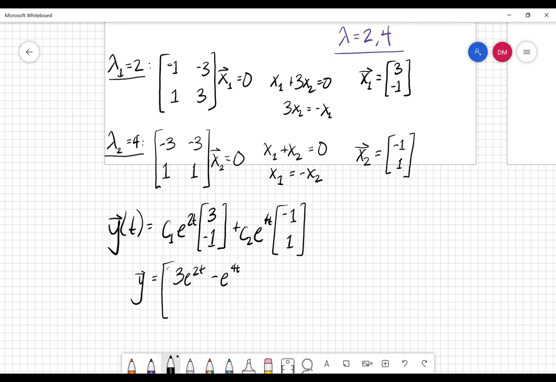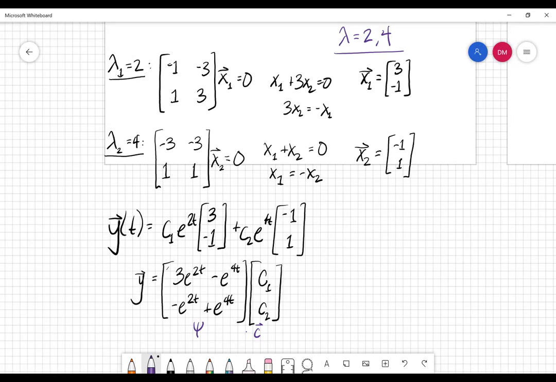Here, if I do my multiplication, I have negative e to the 2t here plus e to the 4t, and I've specifically left out, because I'm going to put them into their own matrix here, C1, C2. Okay, because remember that y is equal to psi, our fundamental matrix, times c, our constant matrix there.